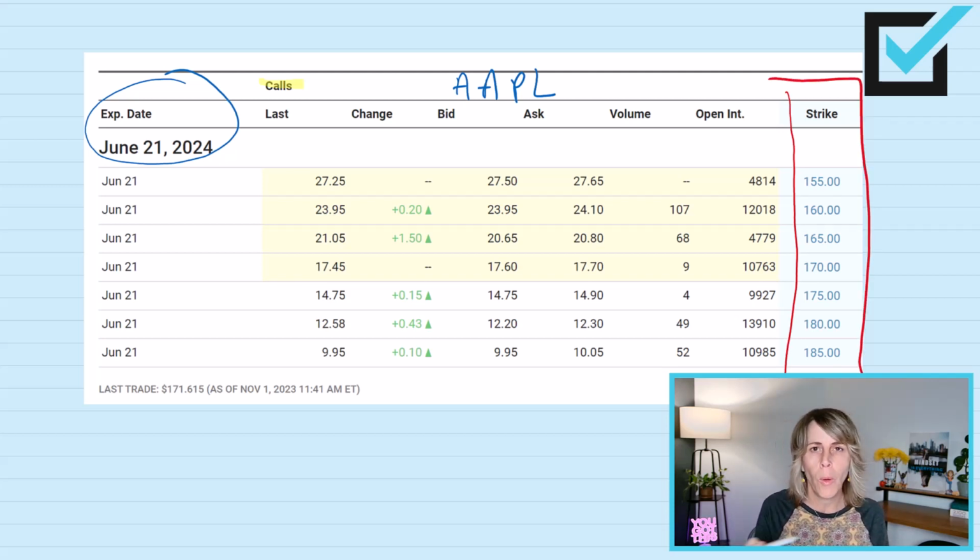Now, when I pulled this data, the actual last trade for Apple was, here it is, $171.615. Now, I'm going to just say 0.62 just to make it easy for my brain. So the test won't do any more than 2 after the decimal. So you have different strike prices to choose from when you're buying a call.